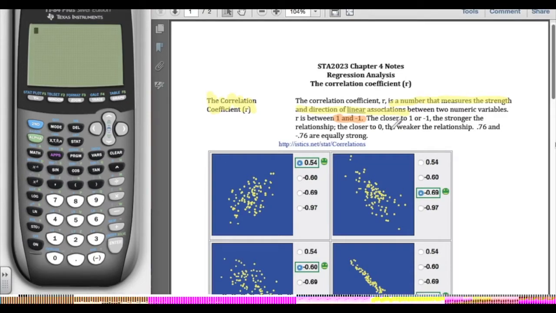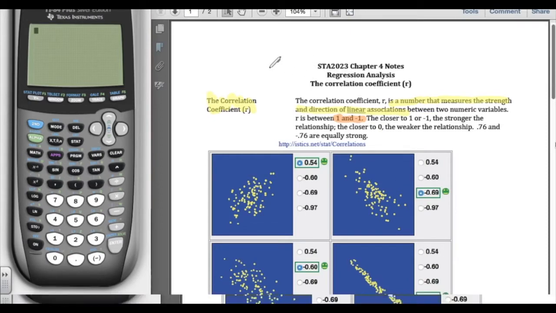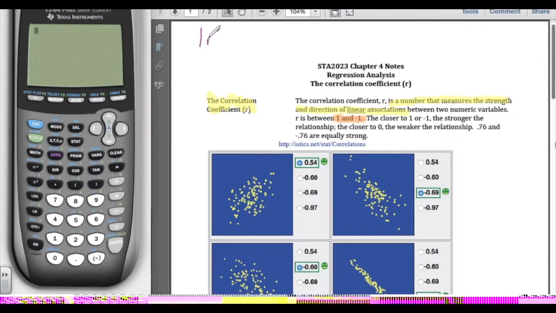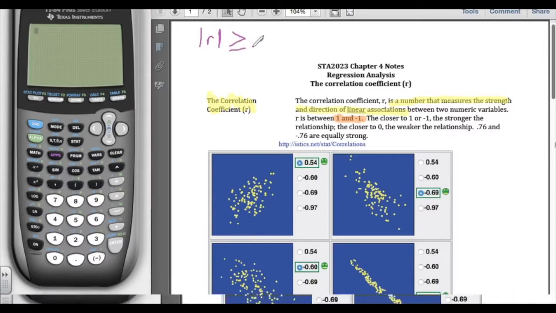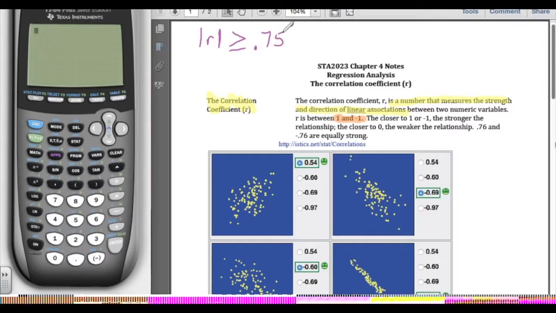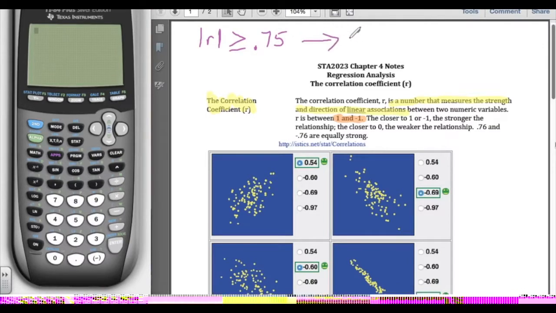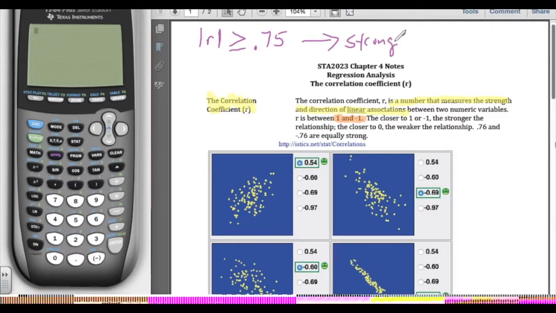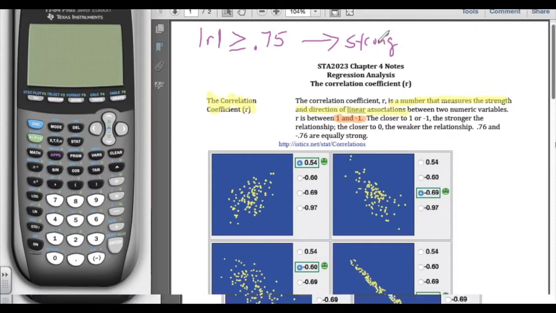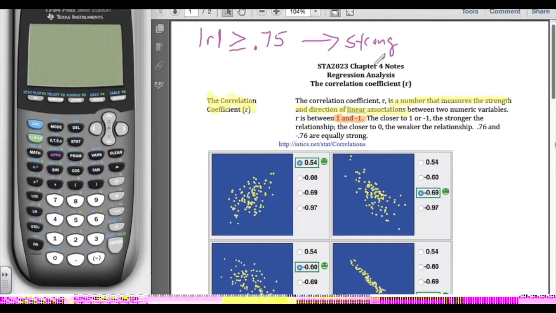For the purposes of my class, I use the following classifications. If the absolute value of r, it doesn't matter if it's positive or negative, is greater than or equal to 0.75, that implies that we have a strong relationship. So positive 0.76 and negative 0.76 are both strong.